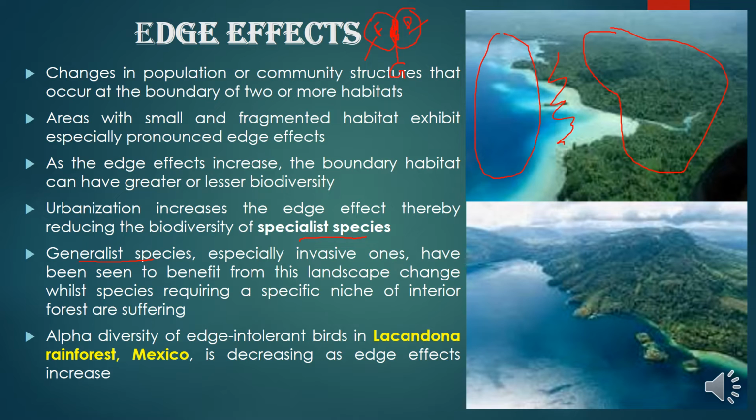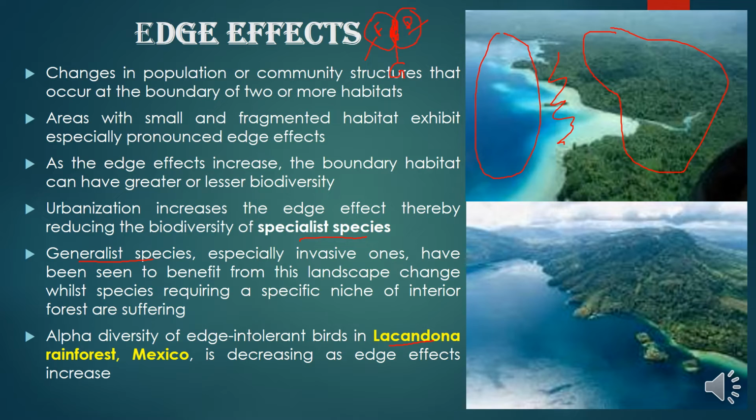There is a very good example. We know that in South and Central America we have a large variety of bird species, and each bird species is endemic to a certain region. So the bird species that are endemic are the specialists, and at the edge of the jungle there is a decreased amount of birds.